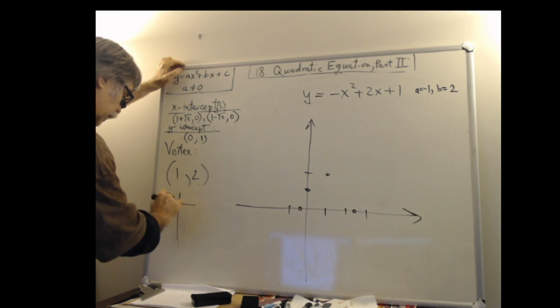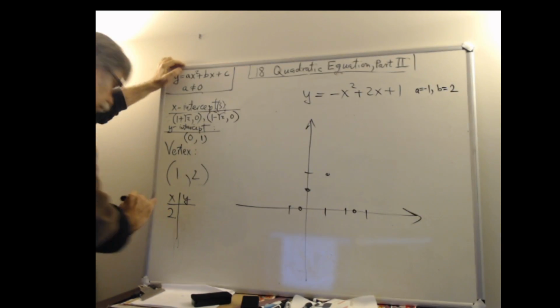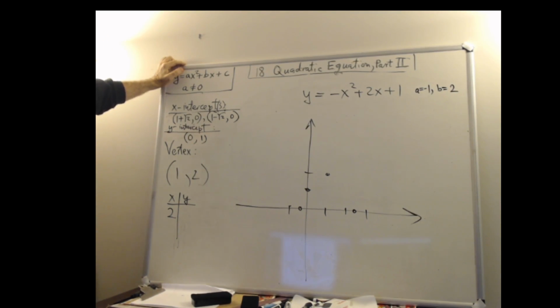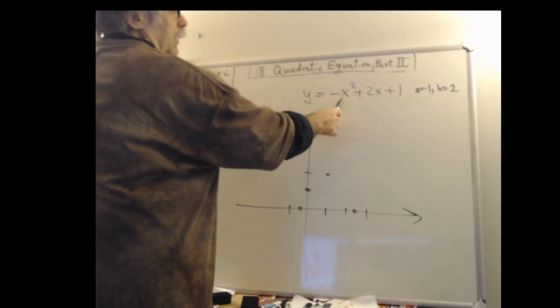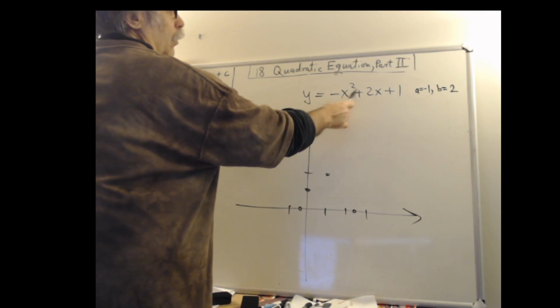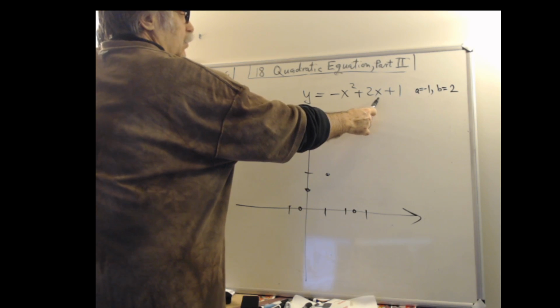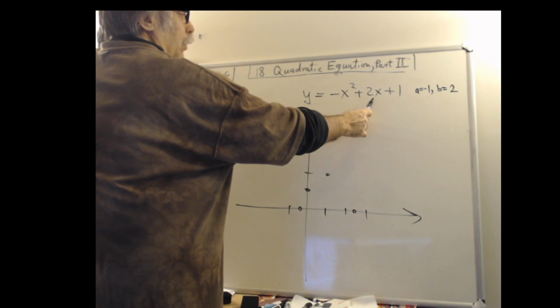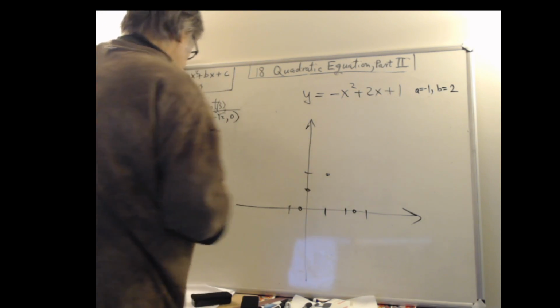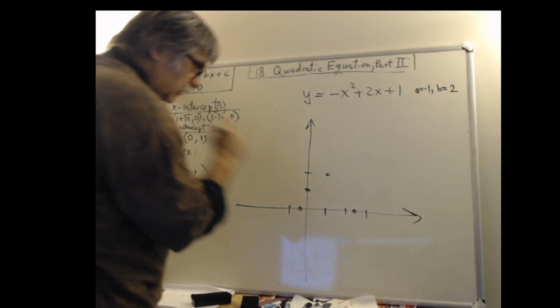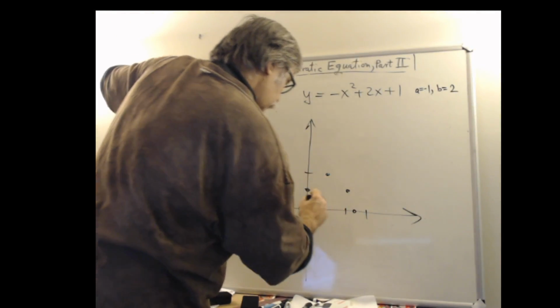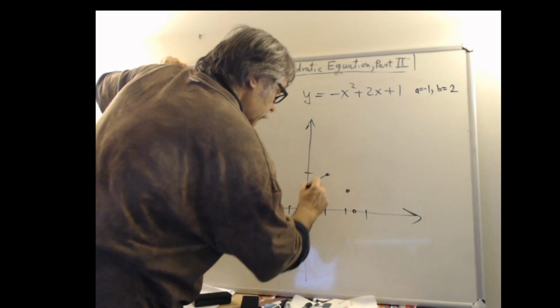One extra strategic point is when x is equal to 2. I want to know what the y is. 2 squared is 4, negative 4. 2 times 2 is 4. Negative 4 and 4 is 0, plus 1. I'm getting 1. (2, 1), right here.